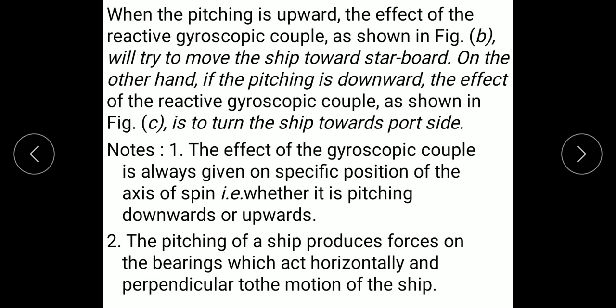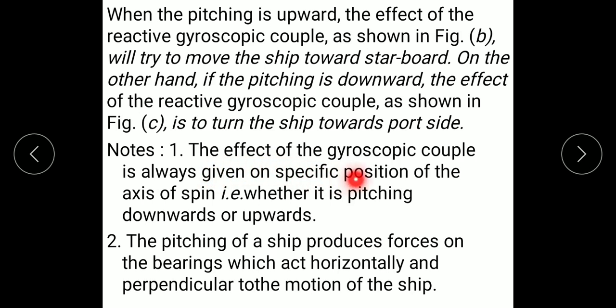When the ship takes upward motion and downward motion, that is called pitching. When the ship takes upward motion, it will try to move towards the starboard. Starboard means the right side. When it takes downward motion, the ship will try to turn towards the port side. So that is the difference between upward motion and downward motion.